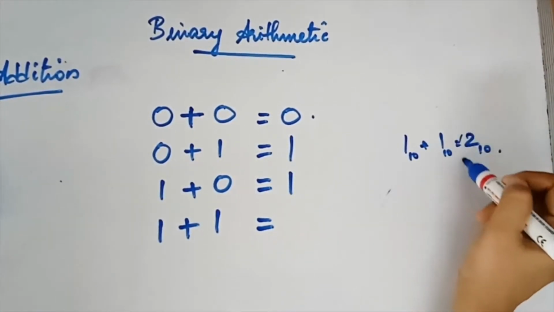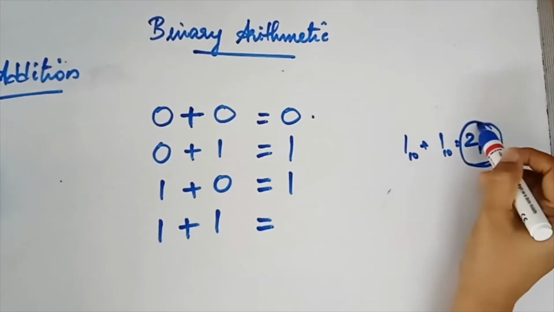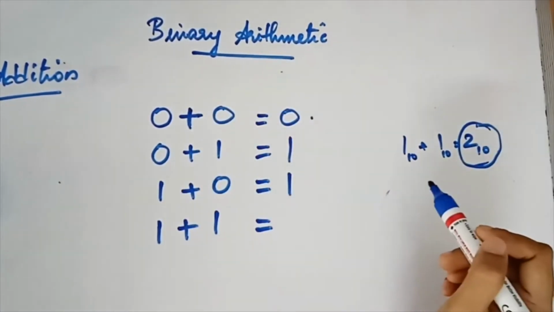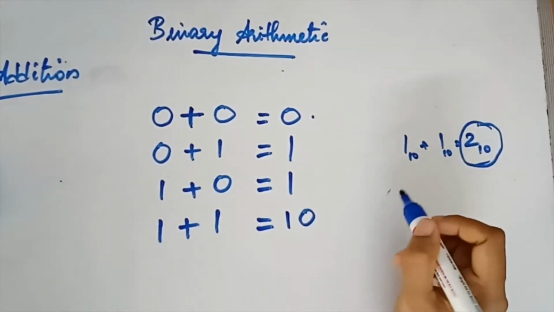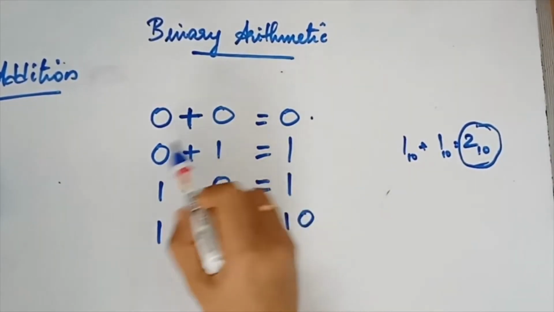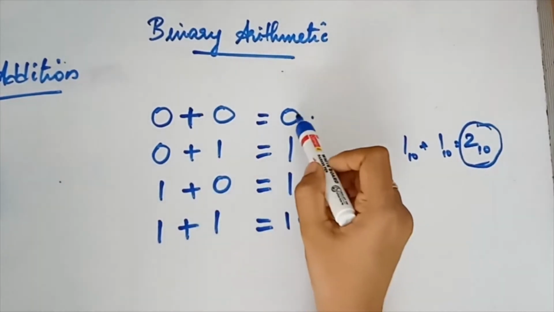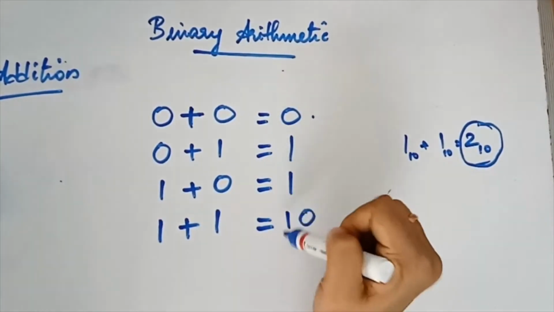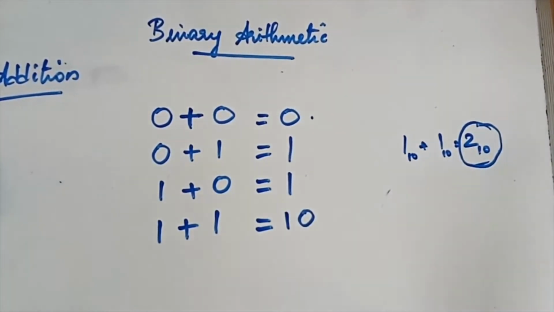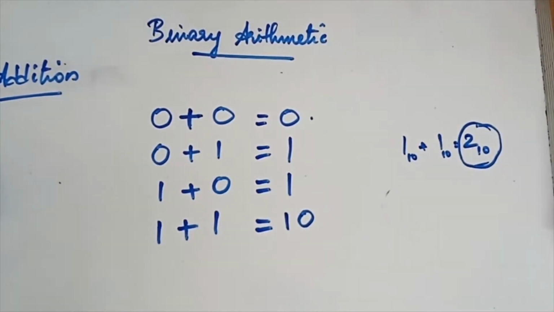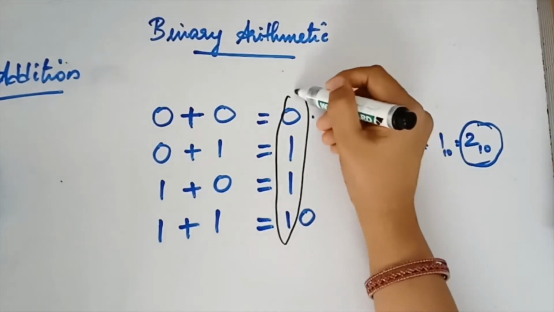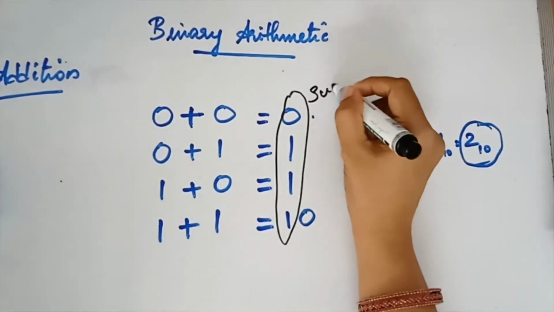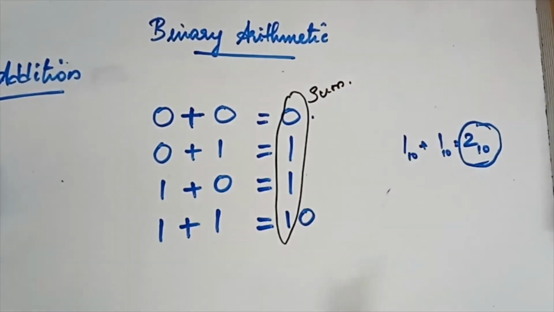So what is 2 in binary? 2 in binary is 1 0. In the case of 1-bit addition, you'll be having 1 bit as the sum. Whatever you've written here is the sum, the answer.